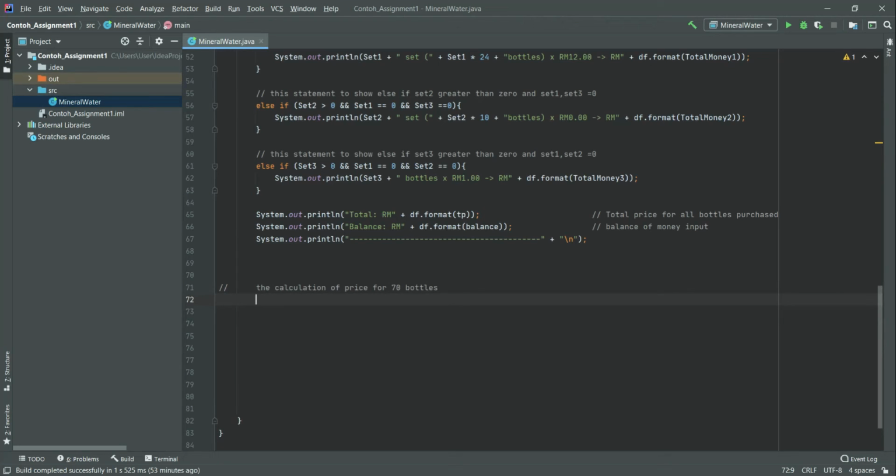Next, I will import the new scanner, for quantity of bottles, and this is all the input that we'll use in the calculation.